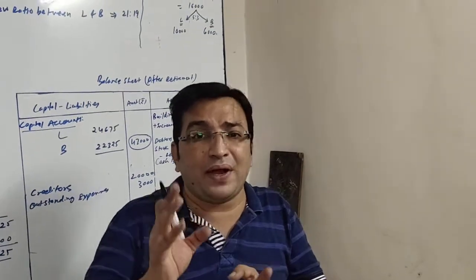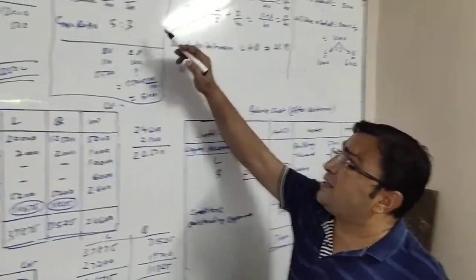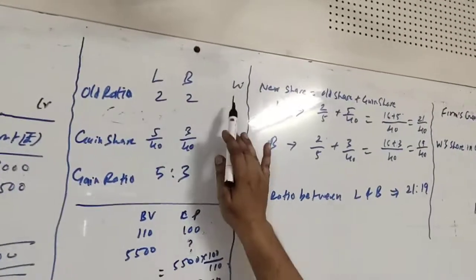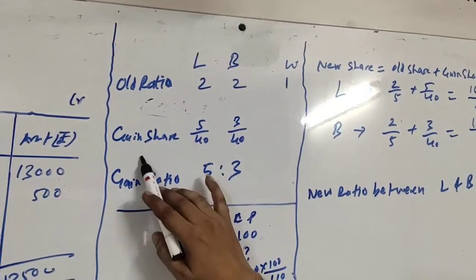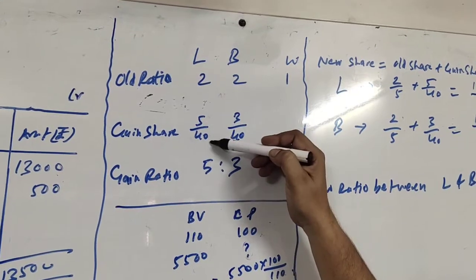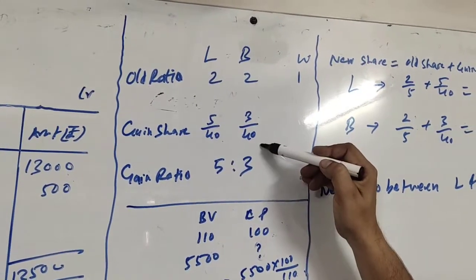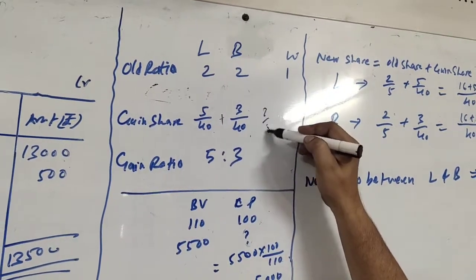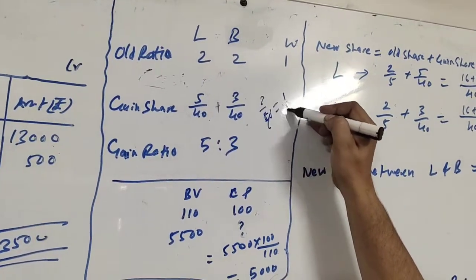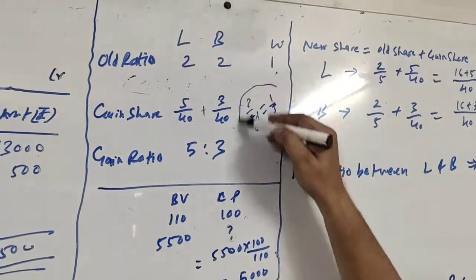First of all, we will find the gain ratio. So here the old ratio is given as 2:1, which we have already seen. Now the gain share of L is 5 by 40 and B is 3 by 40. If we make the sum of this, it will be 8 by 40, that is 1 by 5, which is the share of W.